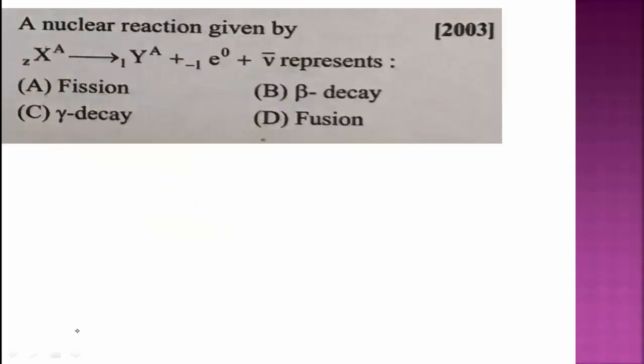And the next question is a nuclear reaction. A nuclear reaction is given in the form ZXA, whose atomic number increases by 1 when the parent nucleus is converted into the daughter nucleus with the emission of an electron and an anti-neutrino.